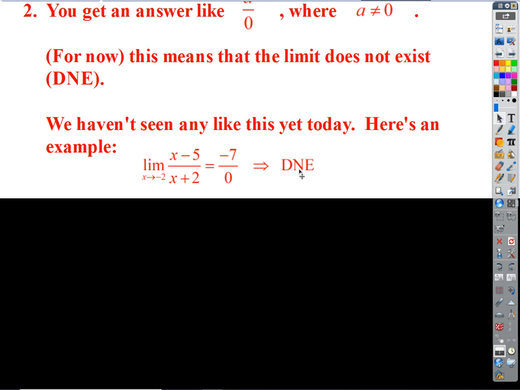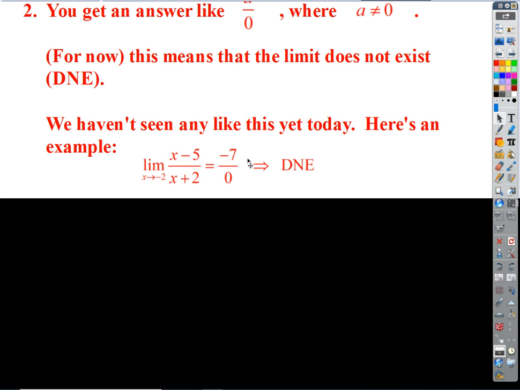In the future, we'll look at maybe saying, okay, well, it doesn't exist, but that doesn't help us very much. Could we know more about it? Yeah, we could. What if we approached negative 2 from the left or the right? If I approach negative 2 from the left, and the answer is positive infinity, then that means as I approach from the left, the function's going to be rising up to positive infinity, which might be really important to know about the function.